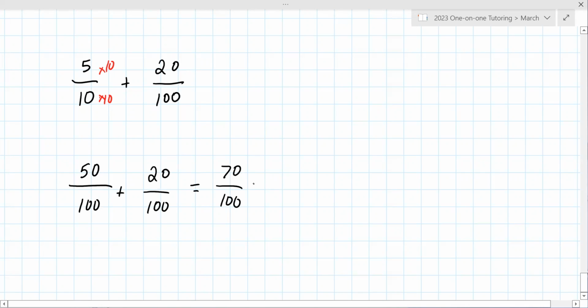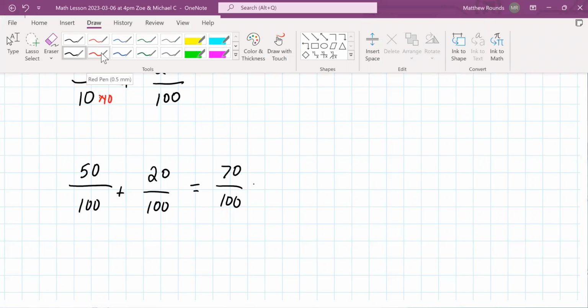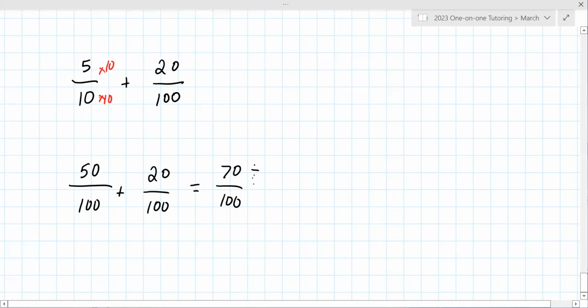All right, now, do you see how we can reduce this? Let's start by dividing both of these by 2, okay?